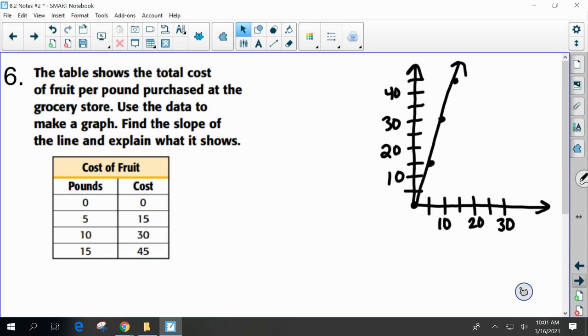Okay, so this graph is also linear, should be linear. And then we need to calculate the slope. So we can pick any 2 points. We could do like this point and this point.